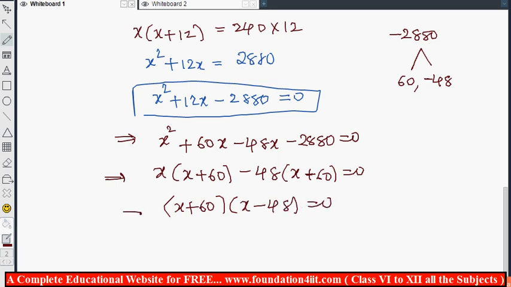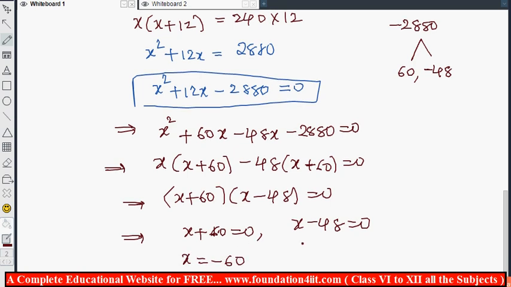By the zero product rule, from this we will take two values. x plus 60 is equal to 0, x minus 48 is equal to 0. From this x is equal to minus 60 and x is equal to 48. So x is equal to 48 is the answer.